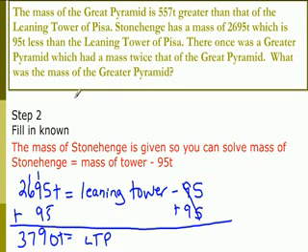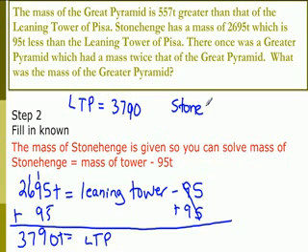So we now know that the Leaning Tower of Pisa equals 3790. We know that Stonehenge equals 2695. So we know those now.